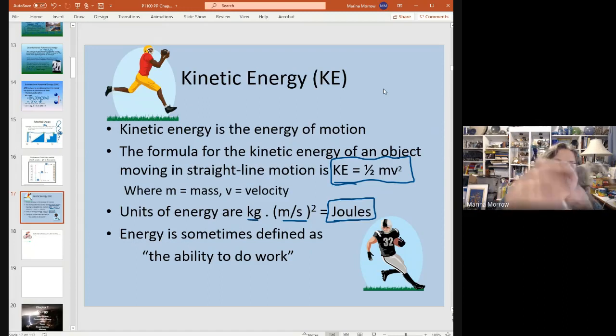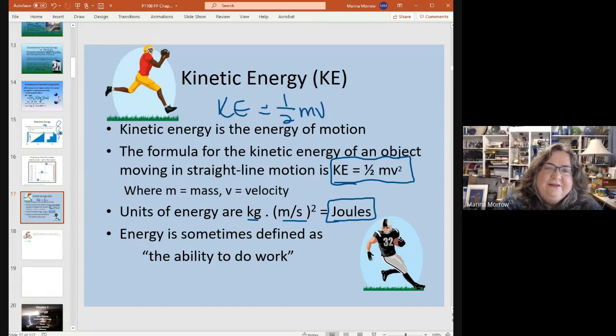Here we've got this runner. And so let's say that he was a 60 kilogram person, and let's say he's running at 5 meters per second. Well, you just would throw that in there. Kinetic energy, 1/2 mv squared, 1/2 of 60 times 5 squared.